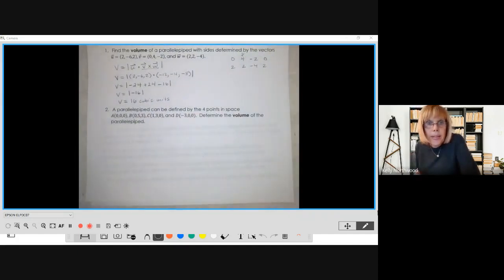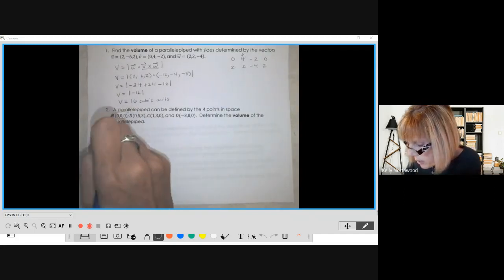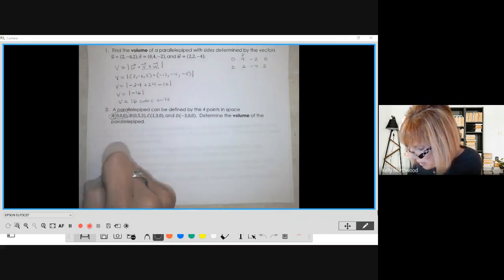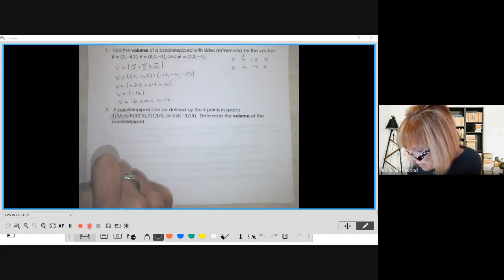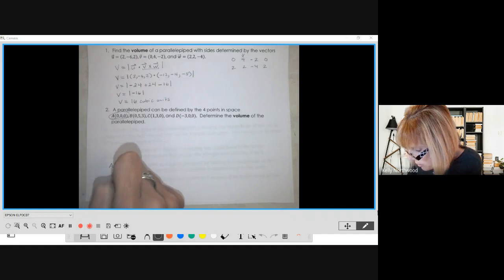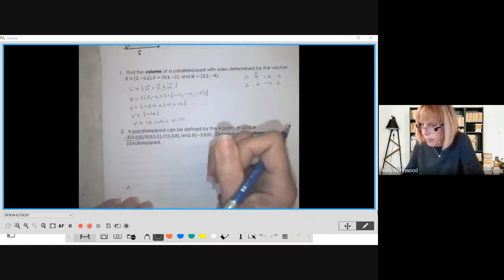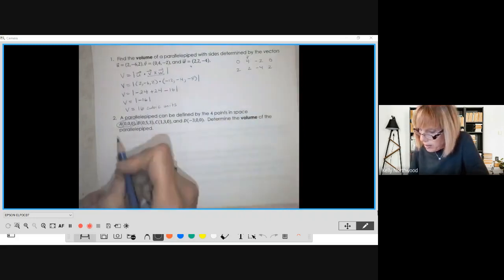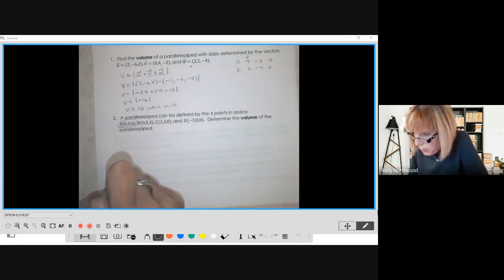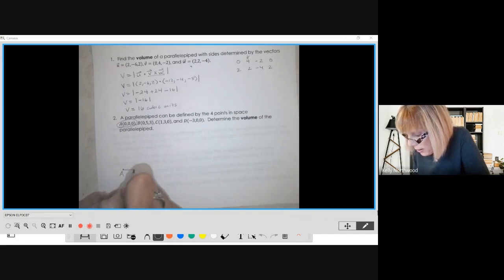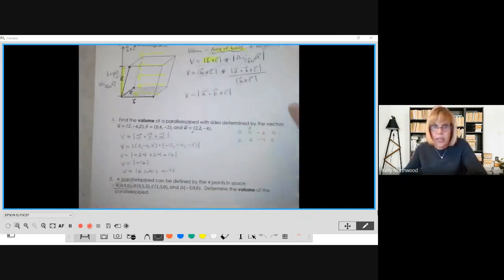All right, so a parallelepiped could be defined by 4 points in space. They're being nice and giving you one that is 0, 0, 0. So here's my vertex A, 0, 0, 0. I should put it like it's above it. I'll try to make it look like this picture-ish.